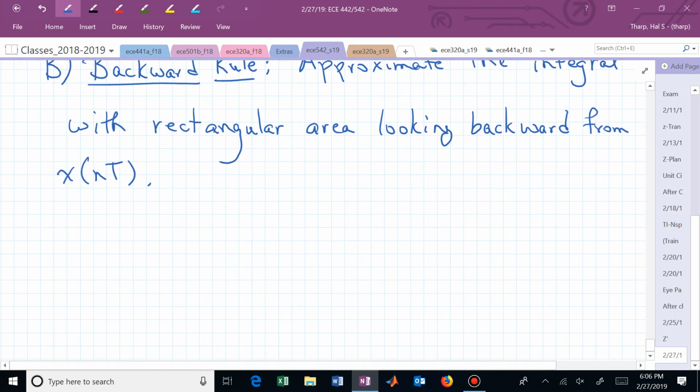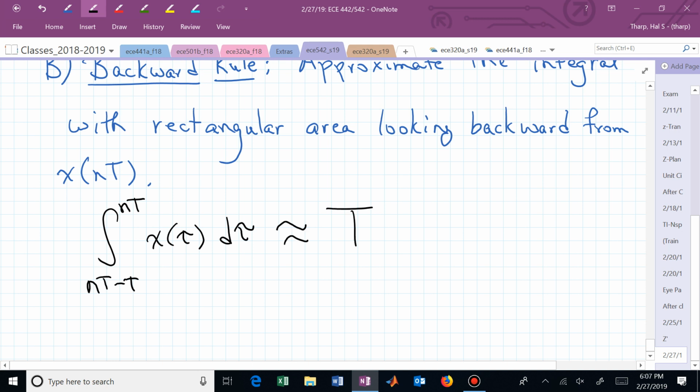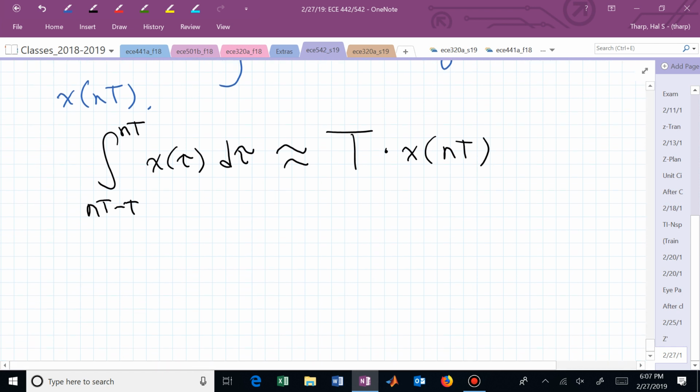For that case, we now have this integral from little n capital T minus capital T to little n capital T of x of tau d tau. We're now approximating that as the same width, capital T, but now the height is little x at the rightmost endpoint, nT. And you know the drill.